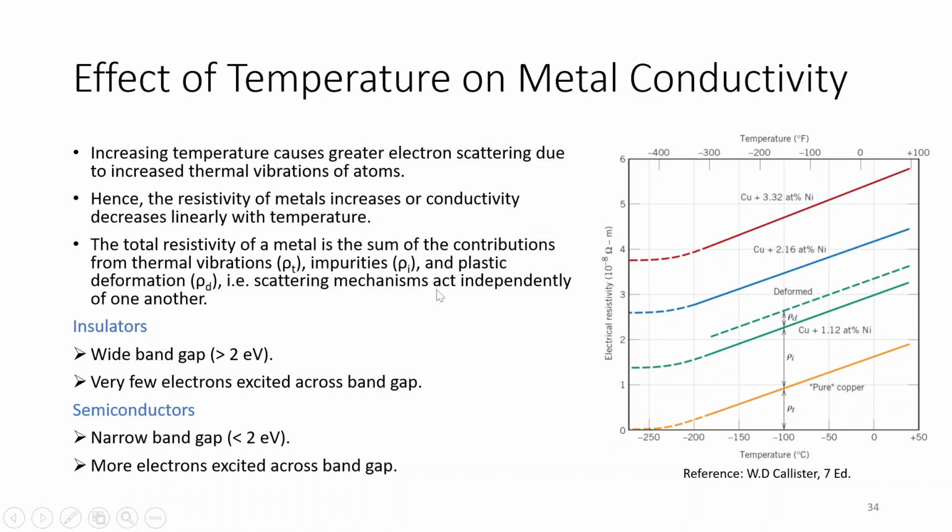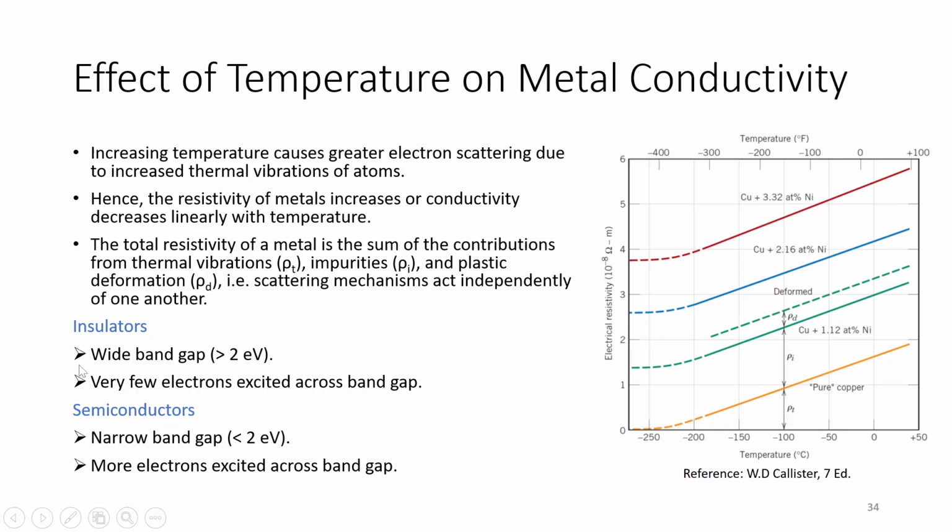The scattering mechanisms act independently of one another. From this graph you can see, at minus 100 degrees Celsius, if your material is pure copper, the electrical resistivity comes purely from thermal vibrations. If you add some impurity such as nickel, then this amount of resistivity comes because of the impurity, and if you deform the material further, then this amount comes because of the deformation. So the resistivity is the addition of these three contributions.